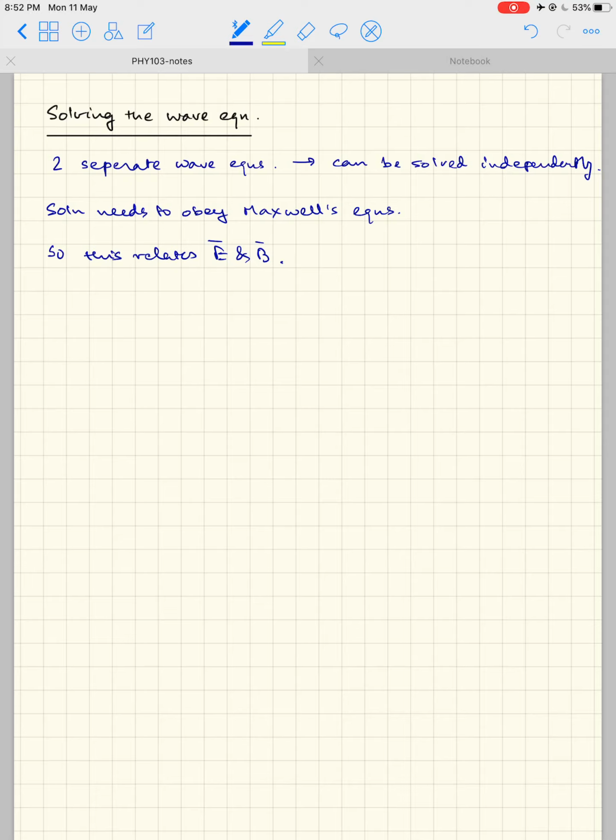And for that, we are going to be looking at a special class of solutions. So look at an example. This is a special class of solutions where waves propagate in the x direction but do not depend on y and z.